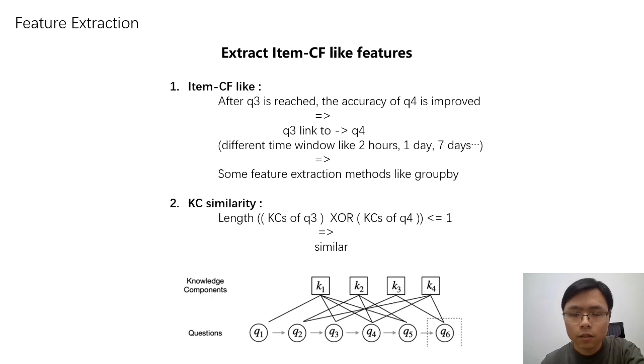Here we can take the XOR of the knowledge components of question 3 and the components of question 4, and when its length is smaller than 1, we can suppose these two questions are more likely to be similar.